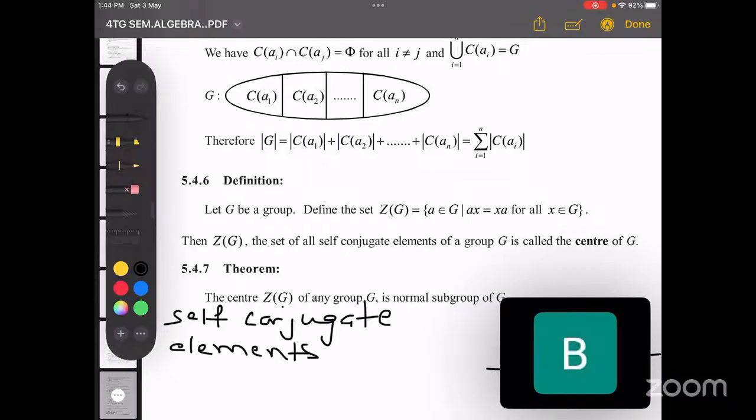Let a be an element of group G, and if the conjugate class of a contains only one member, a belonging to G, then a is said to be a self-conjugate element. We have seen the conjugate definition: if x inverse a x equals b, it is a conjugate element. But if in place of b you have a, that is x inverse a x equals a, then those elements are called self-conjugate elements. So that is the definition.